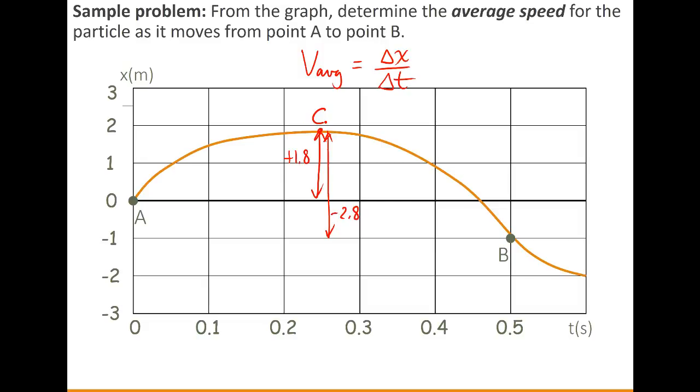So if we call this point C, imagine that a car is going forwards 1.8 meters to get to C, and then it stops and turns around and travels an additional 2.8 meters to get to B. So that means that the total distance traveled is really 4.6 meters divided by 0.5 seconds, so that's 9.2 meters per second. And that's positive because average speed is always positive.